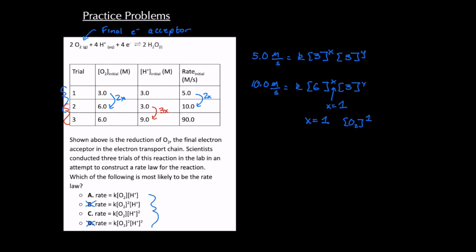However, that has multiplied our rate by 9. So this is going to be a little different. So let's take a look at this equation. So our rate is 90 molarity per second is equivalent to our K times our 6 to the X, which we know is 1, and then times 9 to the some exponent Y. We don't know which one that is yet.